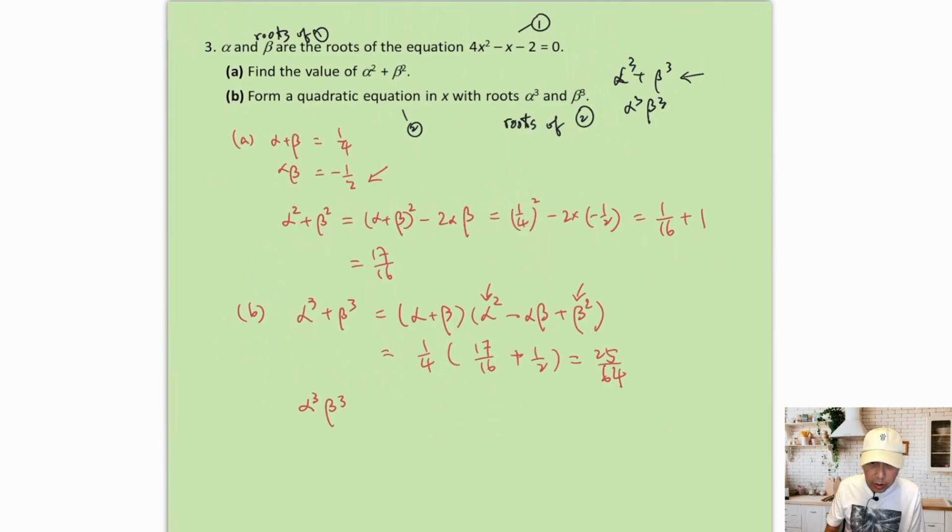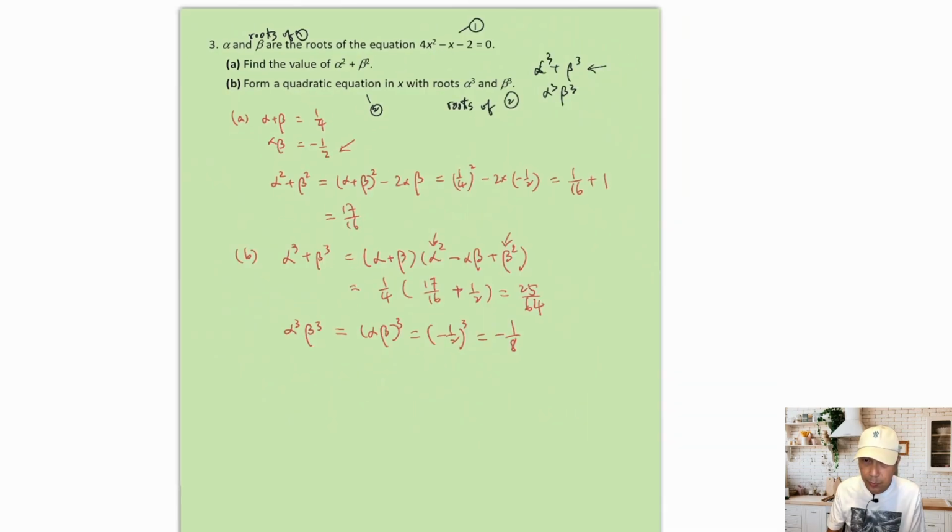Alpha cubed times beta cubed is equal to alpha beta to the power 3. So negative 1 over 2 to the power 3 is negative 1 over 8. The sum and product of roots of equation 2 are ready.